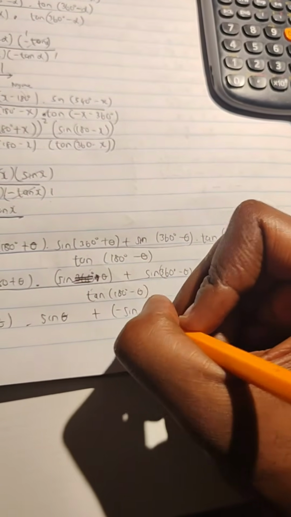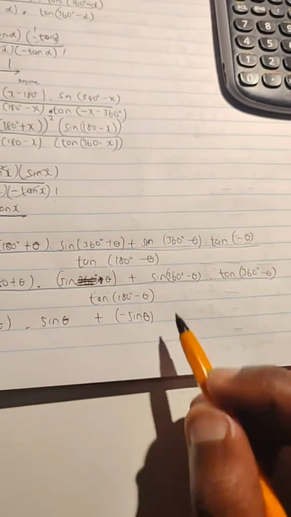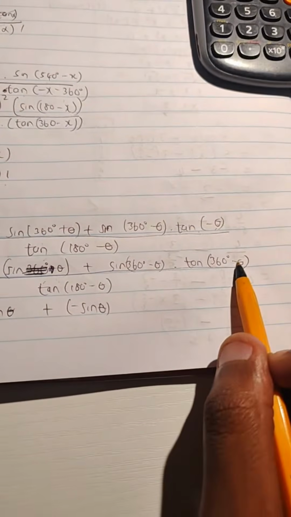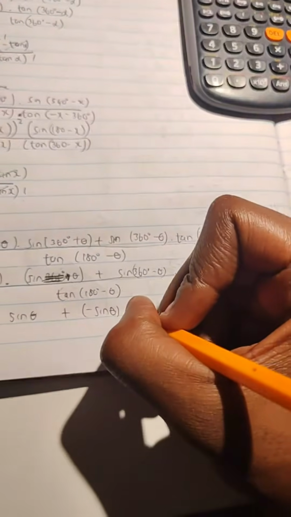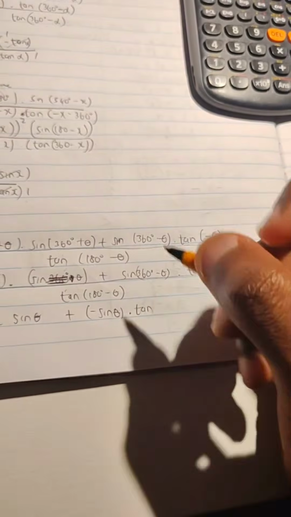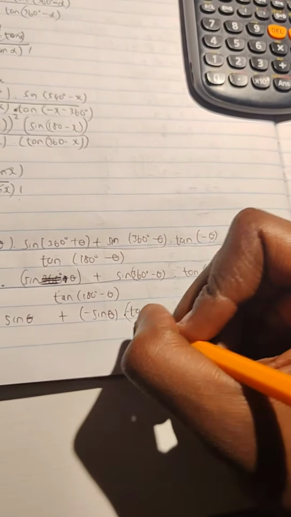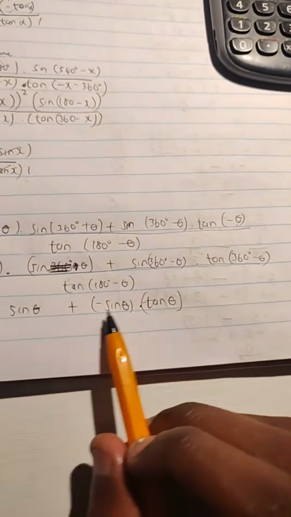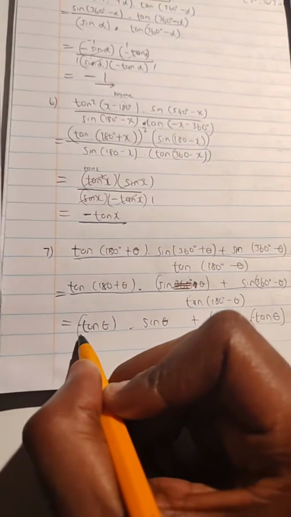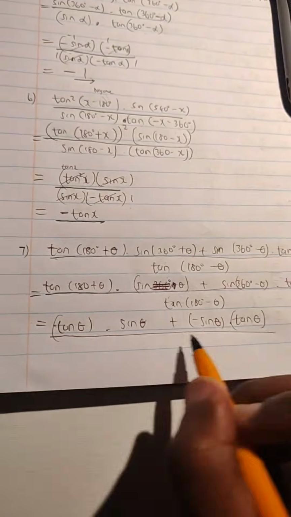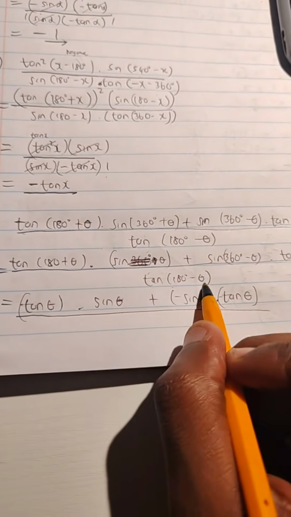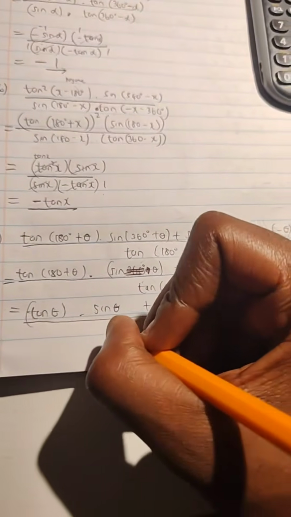How is sine? Negative, guys. Tan 360 minus theta, 4th quadrant. How is tan? Tan is also negative there. We have negative tan theta. That's a multiplication of 2 negative signs over tan 180 minus theta, 2nd quadrant. How is tan there? Negative.